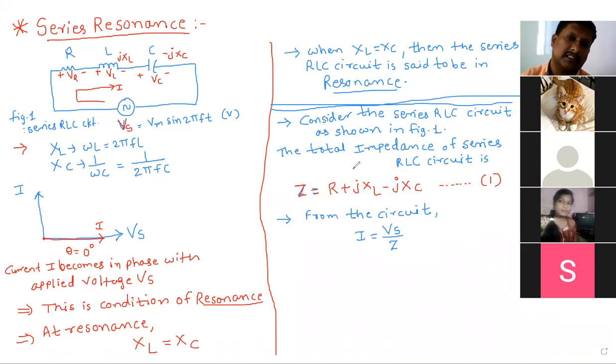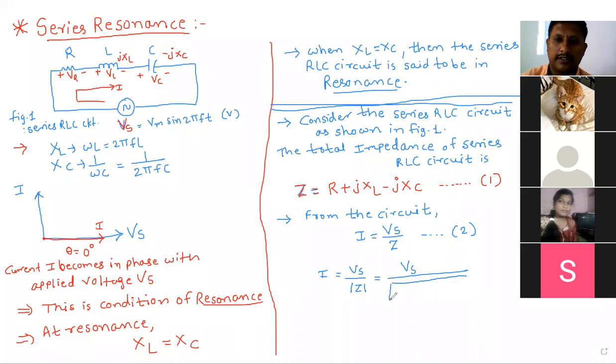But this is actually a complex number, right? So I is equal to Vs by Z. This I will give as the second equation. Now, if I want to find out really the value of I, then I is equal to Vs upon magnitude of Z. So how to take the magnitude of a complex number?